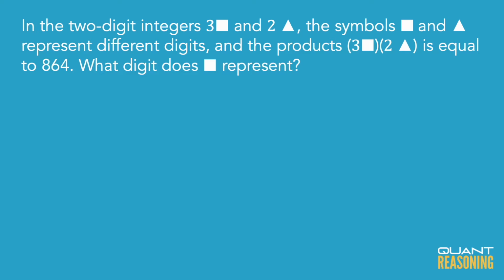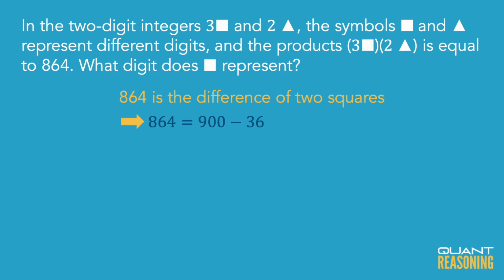The fastest way to do it is to identify that 864 is a difference of two squares. If you think of 864 as almost 900, and then you wonder, well, how much below 900 is it? You'd think of it as 900 minus 36, or 30 squared minus 6 squared, or 30 minus 6 times 30 plus 6 using that special product.